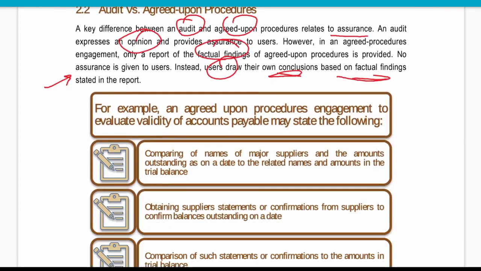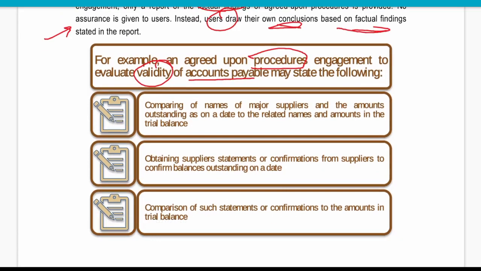For example, if there is an agreed upon procedures engagement for the validity of the accounts payable, then how will the practitioner proceed? He will compare major suppliers and the amount outstanding as of the date. Okay, so he will check what the major suppliers are and what amount is outstanding in the trial balance.